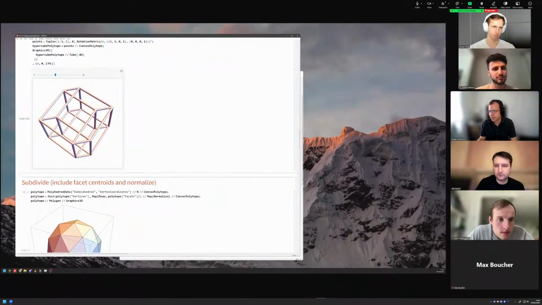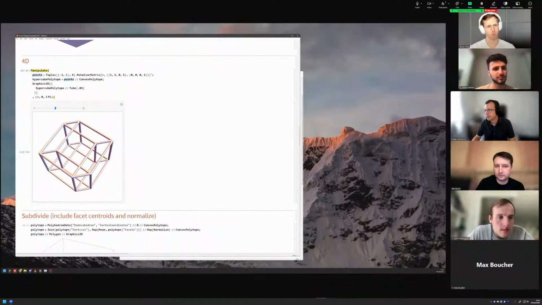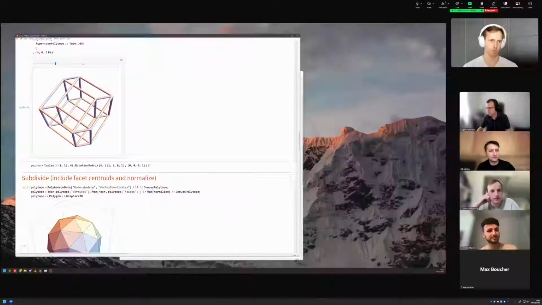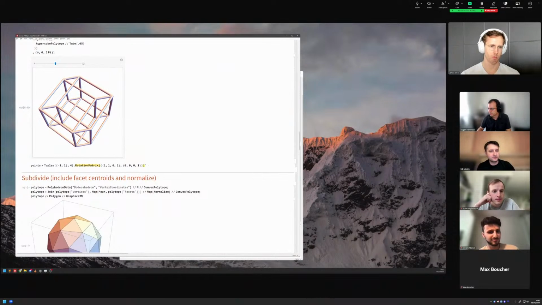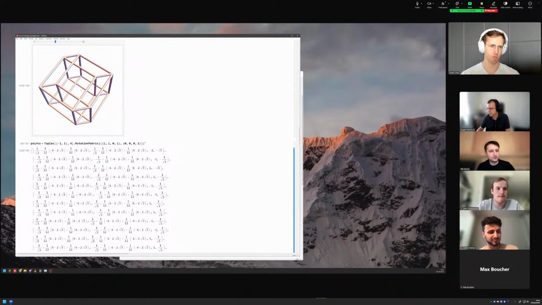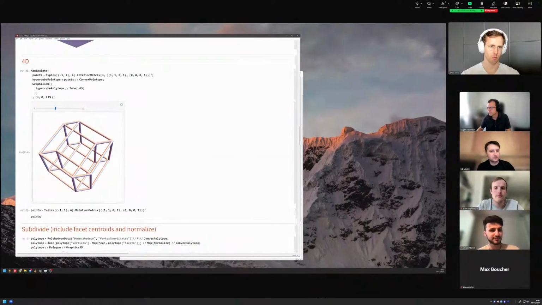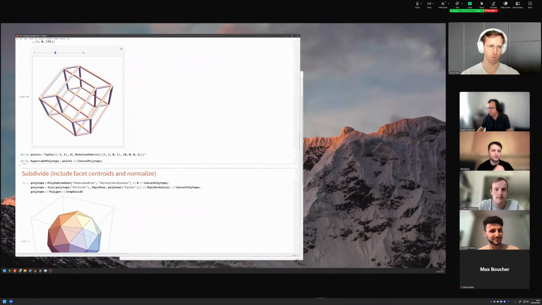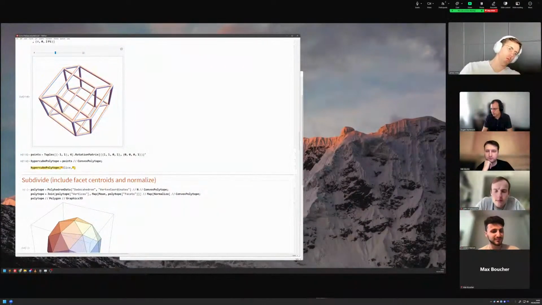So if I want to take a slice of that, say I rotated it first, and then I took the polytope of it, I can tell it to get a slice, and I have to supply a normal vector and a slice value.